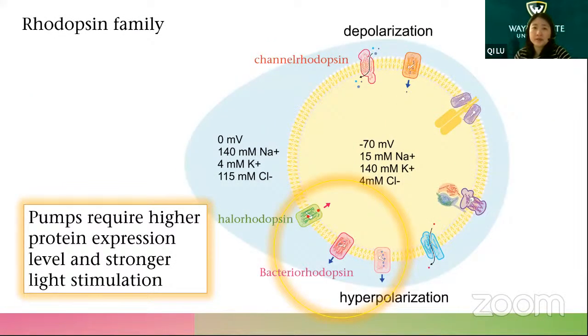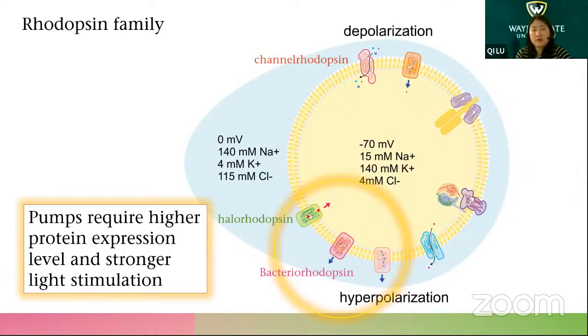In the whole rhodopsin family, like halorhodopsin, the chloride pump, or bacteriorhodopsin, the proton pump, they will cause hyperpolarization of the cells or the microbial creatures that express these proteins.